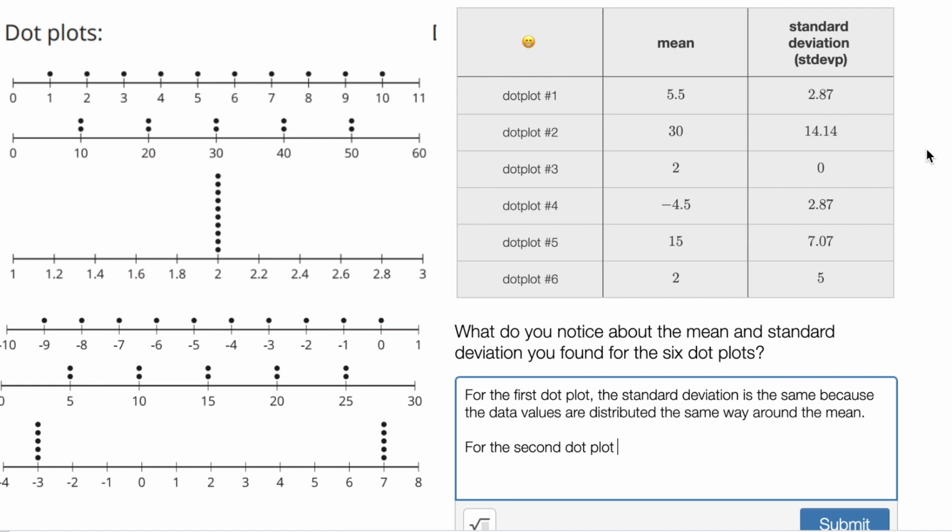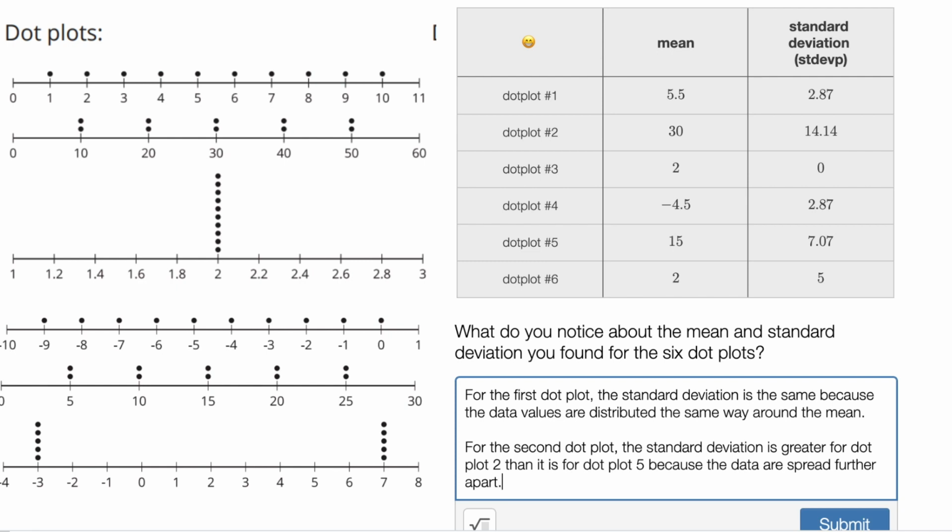You typically would have done these in groups, but for the second dot plot, so this is number 2 and 5, the standard deviation is greater for dot plot 2 than it is for dot plot 5, because the data are spread further apart.